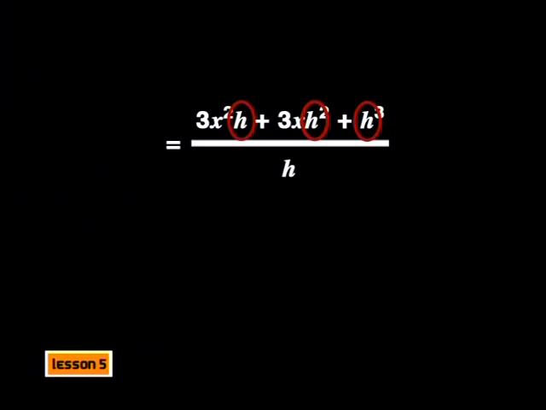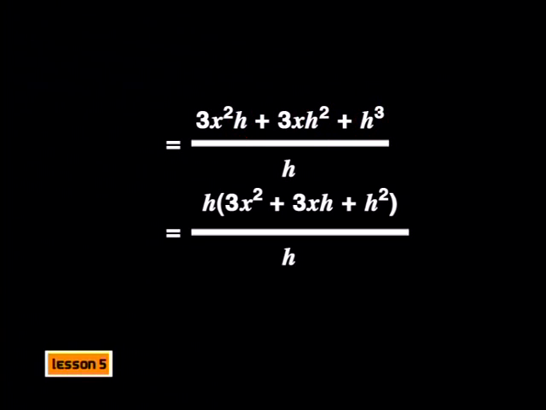When I take out the common factor of h in the top line, I get h times 3x squared plus 3xh plus h squared, all divided by h. And simplifying one more time, I get that the approximate gradient is equal to 3x squared plus 3xh plus h squared. That is not as pretty as the last time, but I think we can still work with it.